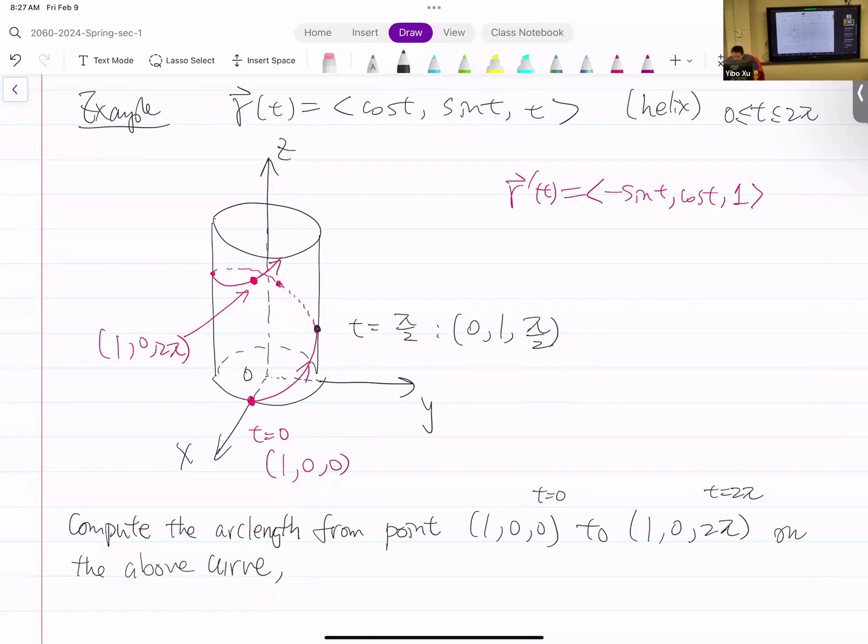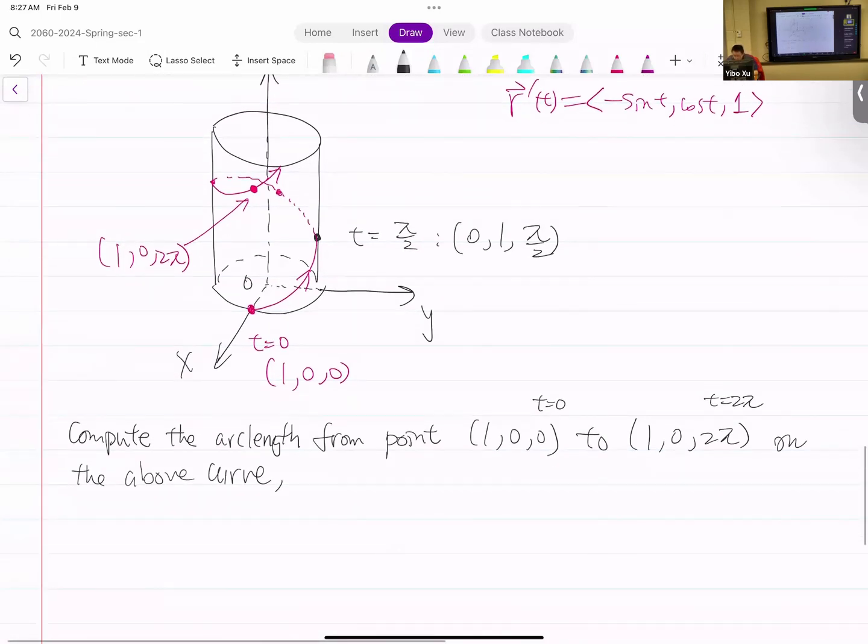Then we just utilize the equation. We know what r prime is already, in red. So capital L is going to be the definite integral. We know that t goes from 0 to 2 pi, so those are the endpoints of the definite integral. And then we integrate the magnitude of r prime dt.